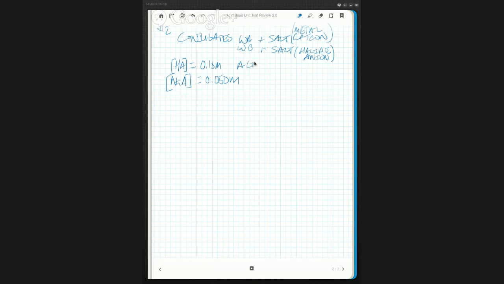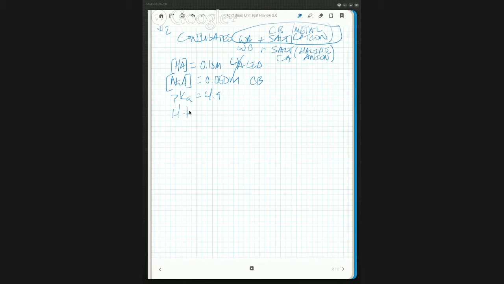So this is the acid, and if it's a weak acid, that's its conjugate base of the salt. Weak base is a conjugate acid. So really, we're looking at this one right here. Okay, and so this is the conjugate base. Weak acid with the conjugate base. And our pKa is equal to 4.9.